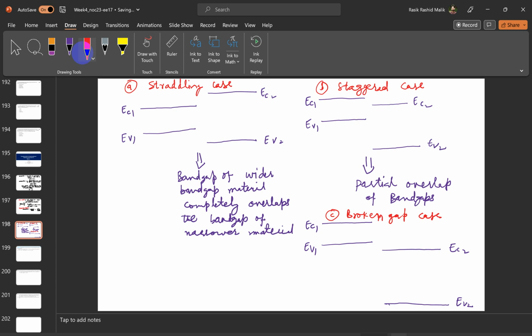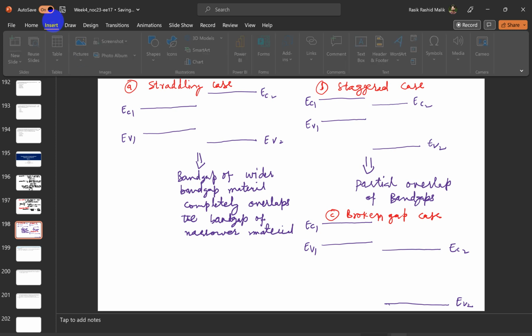So we'll be talking about this heterojunction here, and depending upon how the bands are aligned, we have three types of heterojunctions. Now depending upon the doping nature of the two materials, the narrower and the wider band gap, we have four types of heterojunctions.